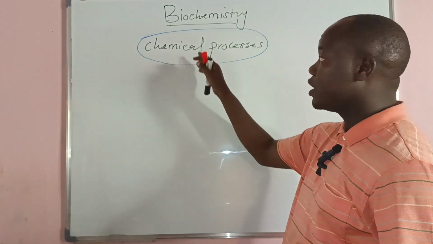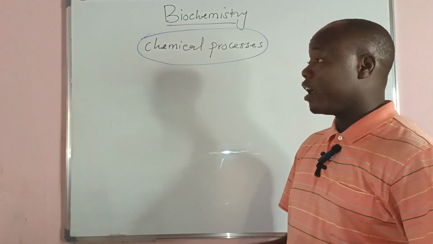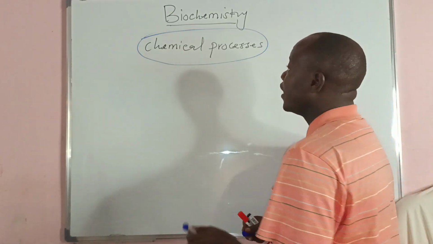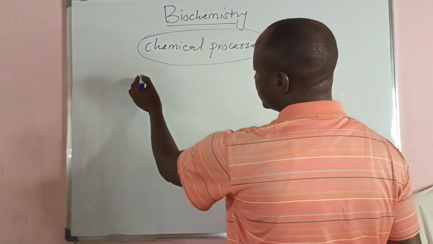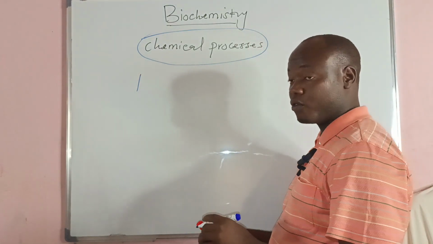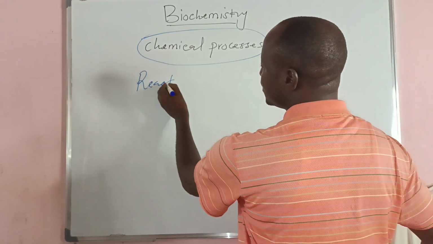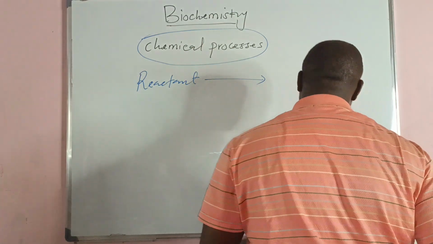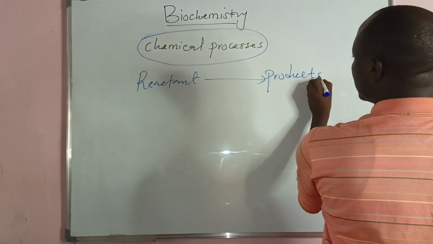And of course, when we say chemical processes, it is associated with the reactions that are taking place in the body of living organisms. And in this chemical reaction, remember from the basic concept of chemistry, we always deal with the reactants, and reactants will always give us products.